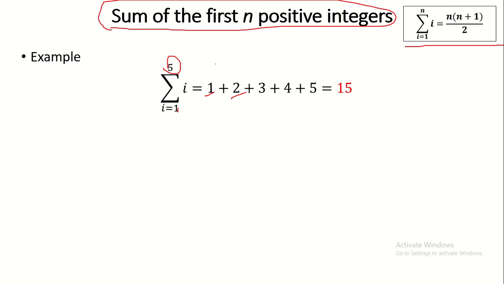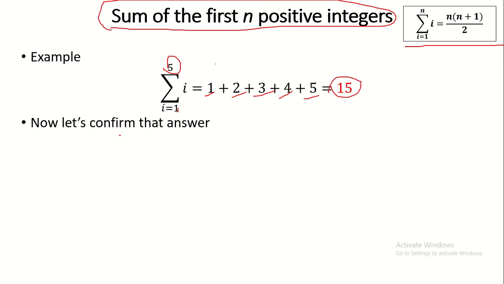If i equals 3, we have 3, and so on and so forth. So we have 1 plus 2 plus 3 plus 4 plus 5. If we sum it up, we have 1 plus 2 is 3, plus 3 is 6, plus 4 is 10, plus 5 is equal to 15.